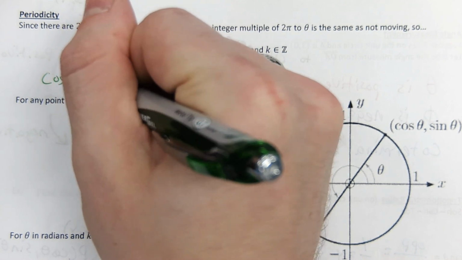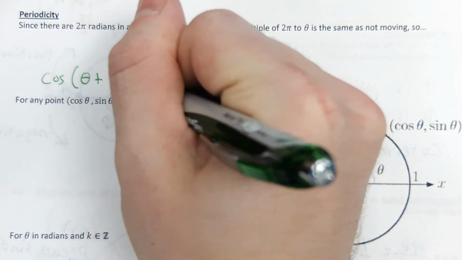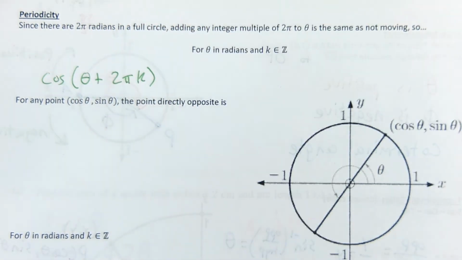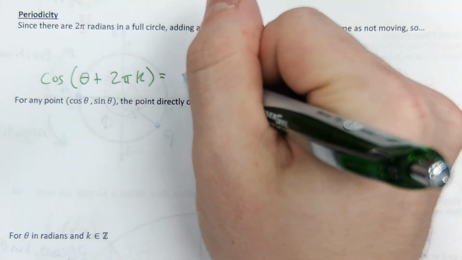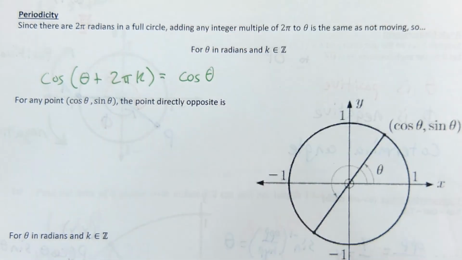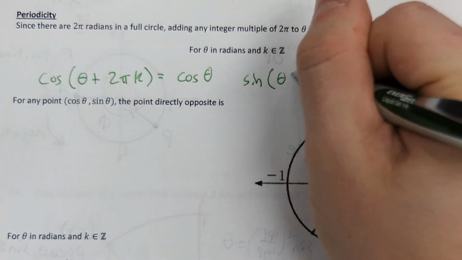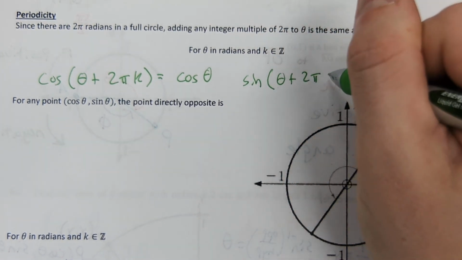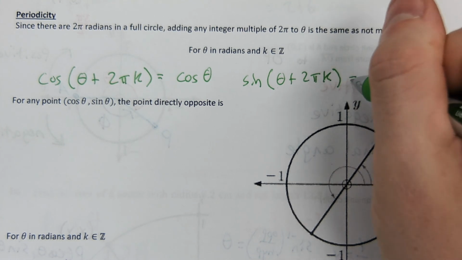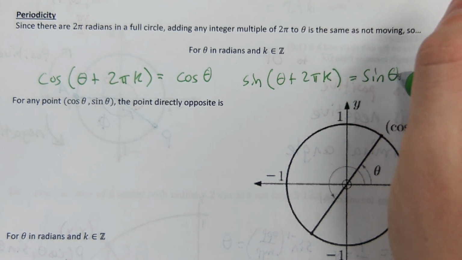Cosine of theta plus 2 pi times any integer, positive or negative, is exactly the same thing as not moving. And we get the same result for sine. Any integer multiple, positive or negative, of 2 pi is the same as doing absolutely nothing.